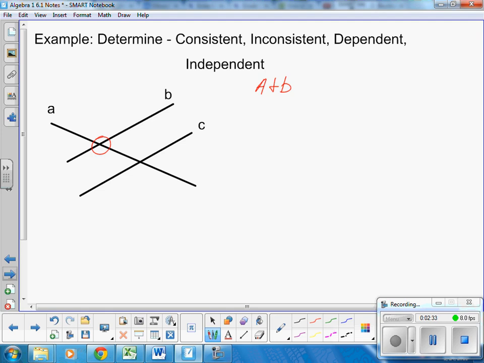Because it is one point, it is considered consistent and also independent. Okay, that's A and B. A and C. If we look at A and C, we also have consistent and independent.